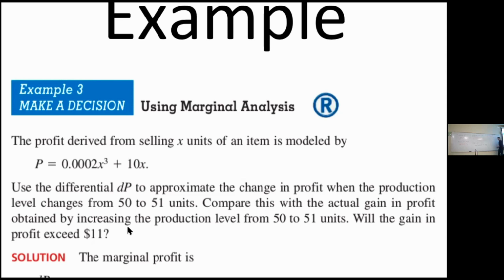We can reduce this just a little bit without going too crazy here to 0.0002 times ((x plus delta x) cubed minus x cubed) plus 10 delta x. So I reduced a little bit. I cleaned it up some.